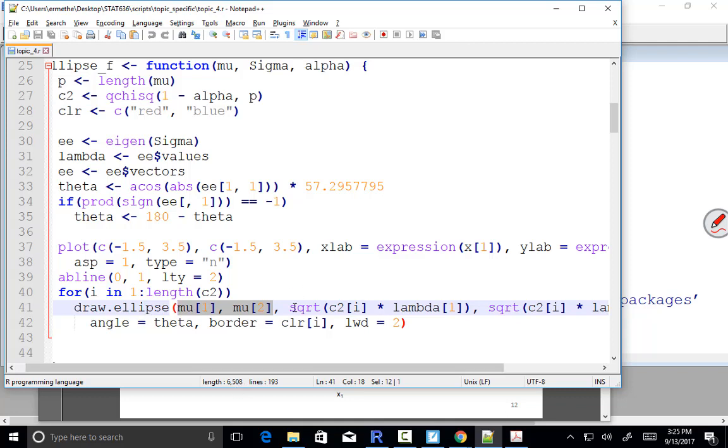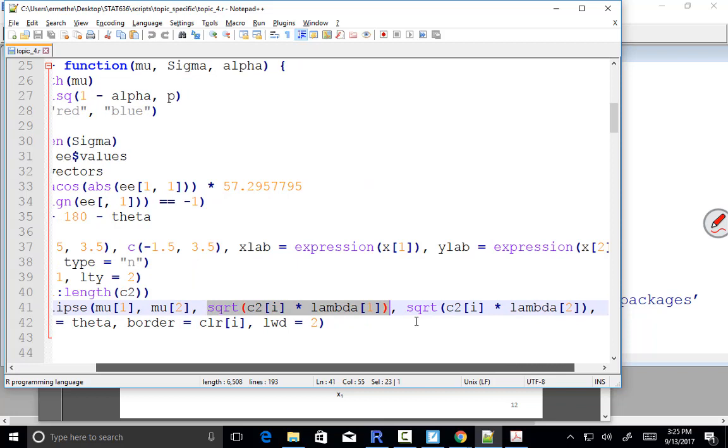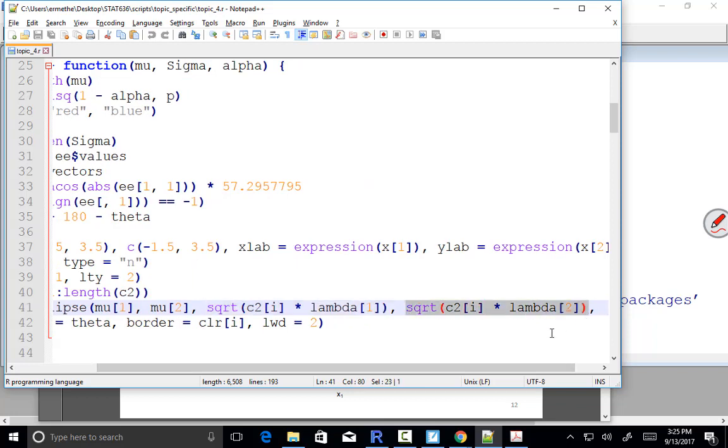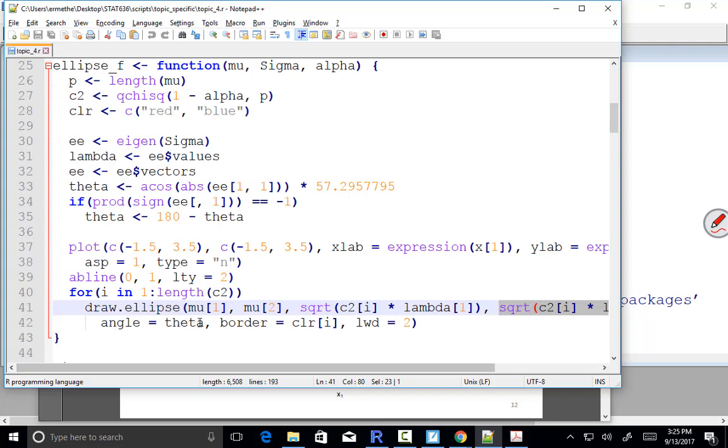Then I'm going to tell it half lengths of the major and minor axes. And then I'm going to tell it the angle to rotate. You can also provide the actual eigenvectors. When I originally figured out how to use draw.ellipse, I found it easiest to work with the angles.